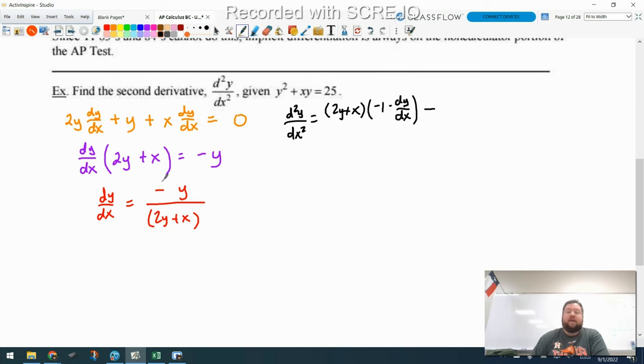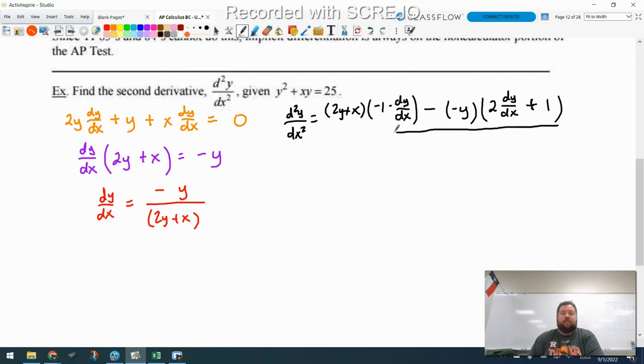All right, minus high d low. So negative y, then times 2 dy over dx plus 1. My y got a little scrunched there. I'm going to rewrite that. Dy over dx and then plus 1. All right, then that's all divided by 2y plus x.